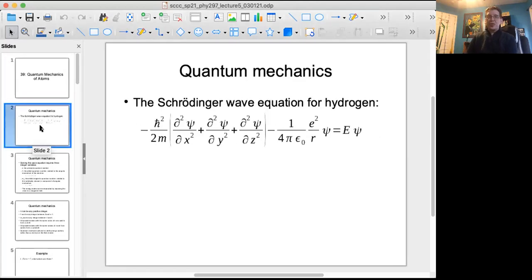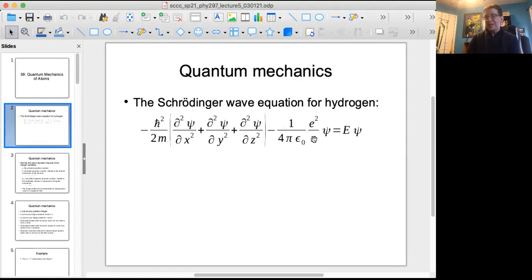So this is the Schrodinger wave equation for hydrogen. You have it set up so the electron can have x, y, or z components. The potential energy is -1 over 4 pi epsilon naught e squared over r.